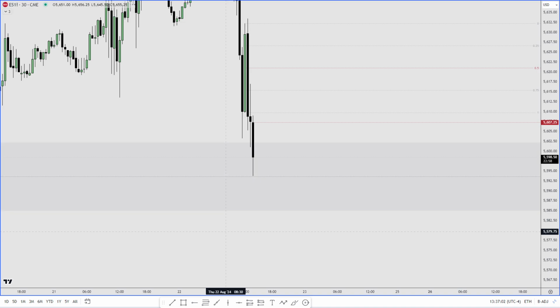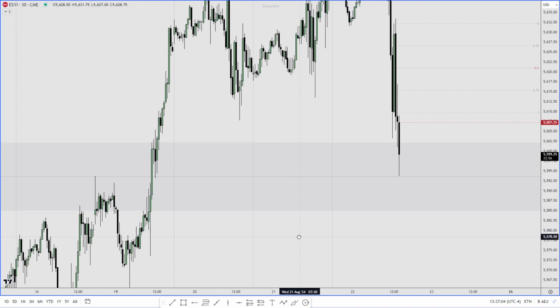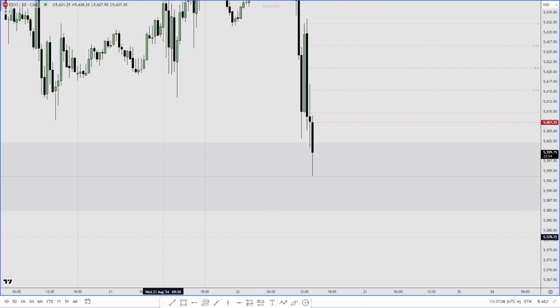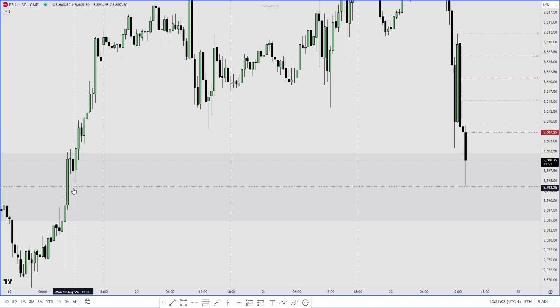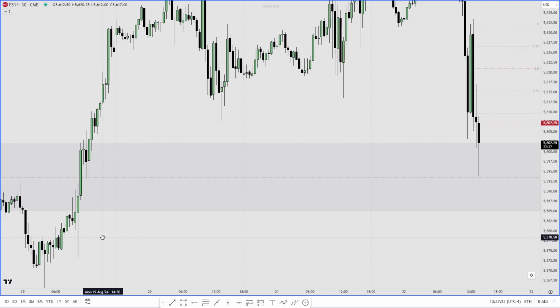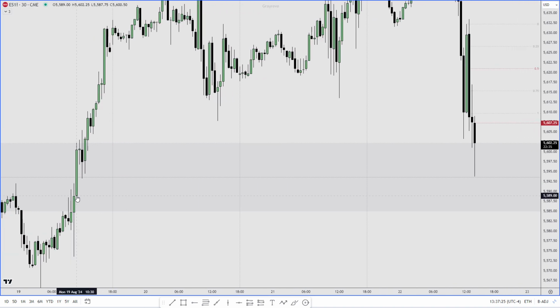Alright, if you take a look at the 30 minutes, you can see this low here. You're really near to it. We're reaching into this old fair value gap. Below this low, all I can see is this volume imbalance down here, if it really wants to extend into those levels.